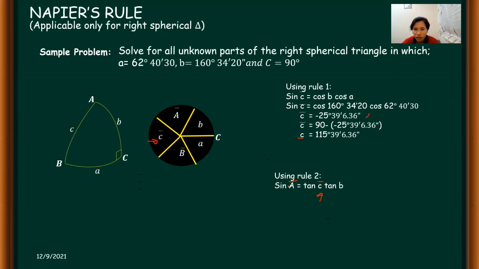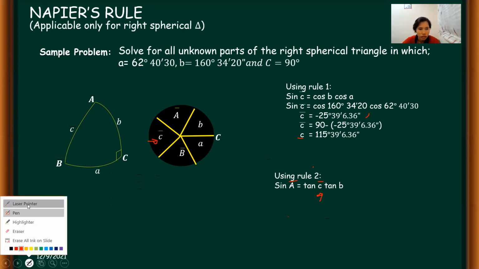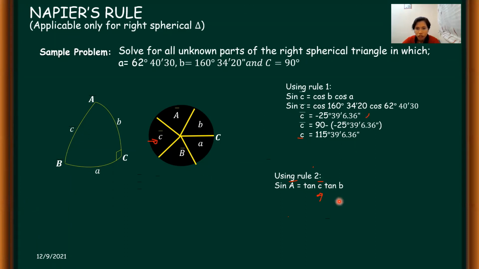If we substitute the values, we have sine A bar equals tangent negative 25 degrees, 39 minutes, 6.36 seconds times tangent of 160 degrees, 34 minutes, 20 seconds. Then take the arc sine, and we can compute A bar.